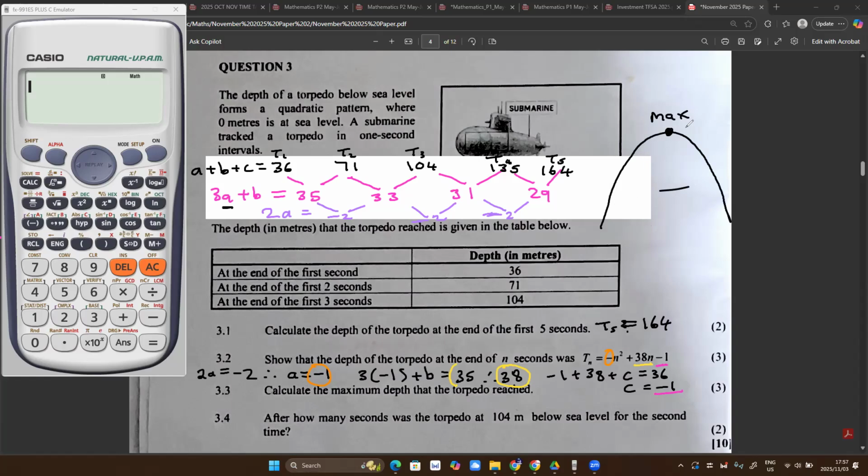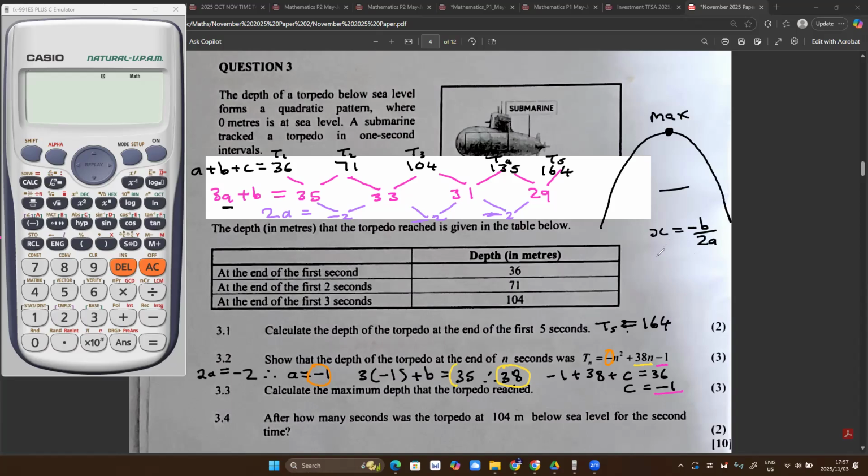So how do we find the turning point of a parabola? Well, we can just say that x is equal to negative b over 2a was our formula. But of course, we're not looking for x here. We are looking for n, because it's not negative x squared plus 38x minus 1, it's n.